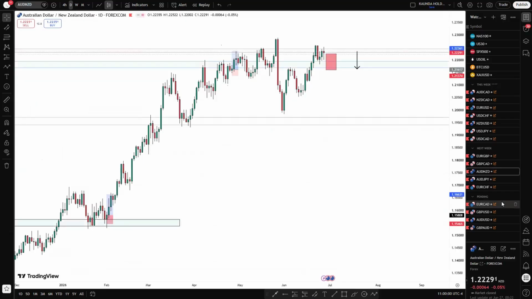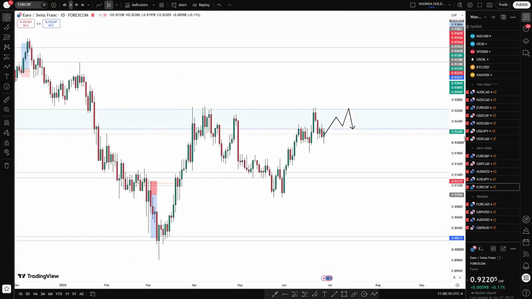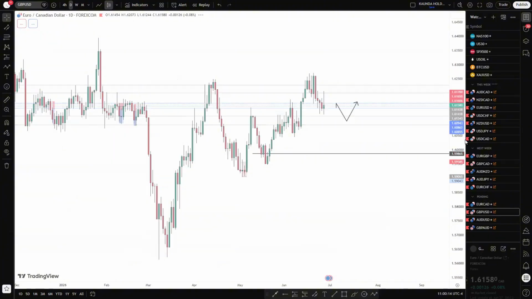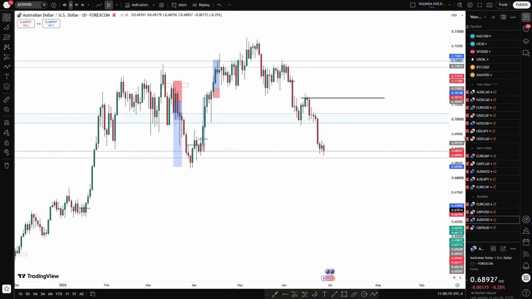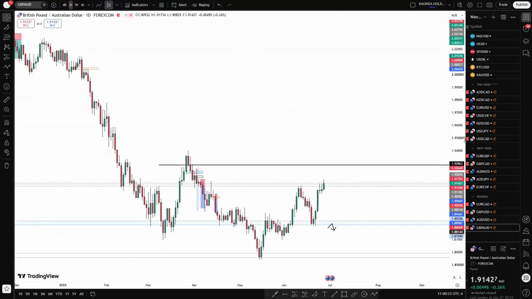This one we want to sell, the price to break below. This one want to sell, this one want to sell, but wait. This one we need the daily to shift. This one, daily to indicate. This one, daily to indicate. This one, the daily to indicate.